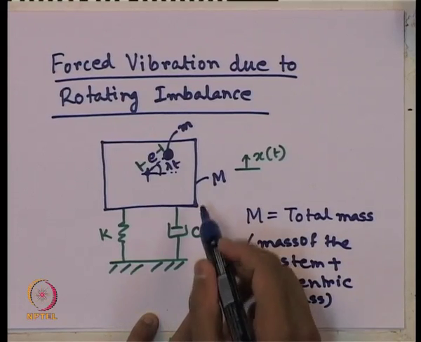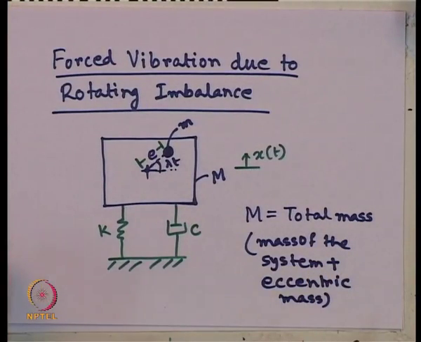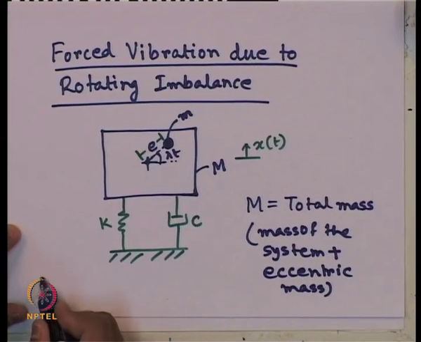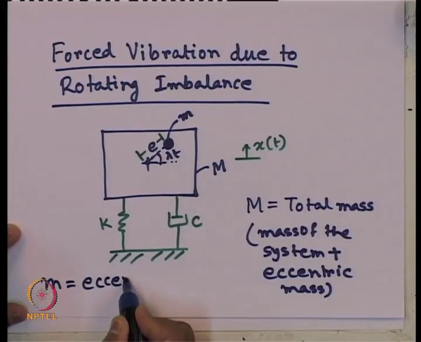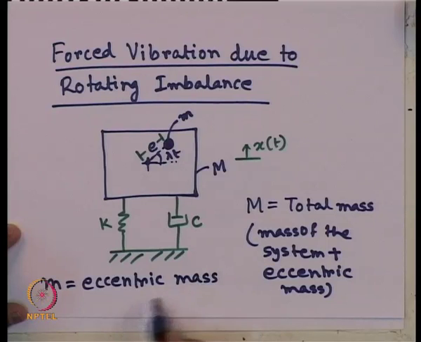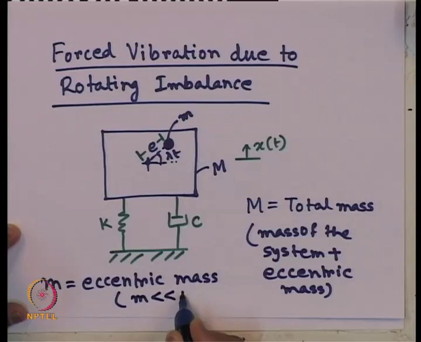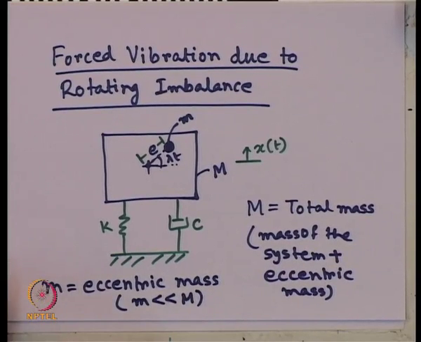Okay. So, capital M is the mass of the entire thing including that eccentric mass, whereas the small m is the eccentric mass. And what is the condition? This small m is much lower than this capital M. Obviously, a small eccentric mass is rotating, as I have explained already.